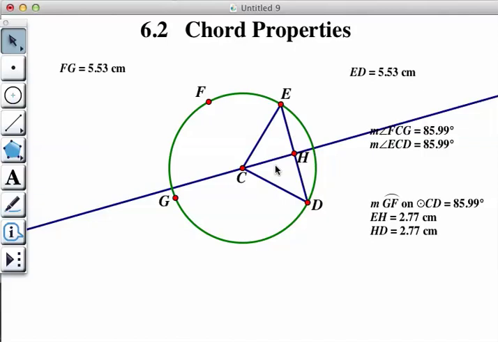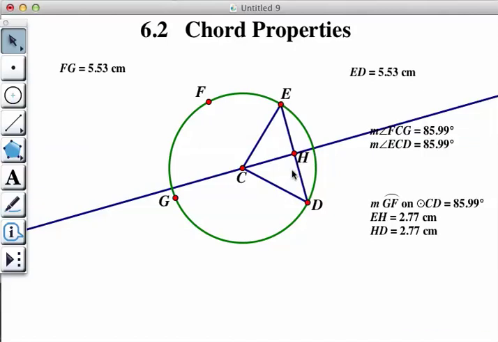And I know that I've made a right angle right here. And I also know, because it's an isosceles triangle, that angle CEH and angle CDH are congruent. On this bigger one, it's an isosceles triangle.